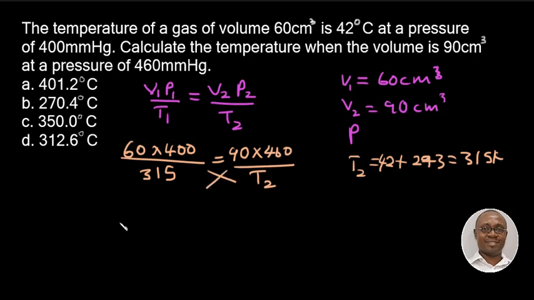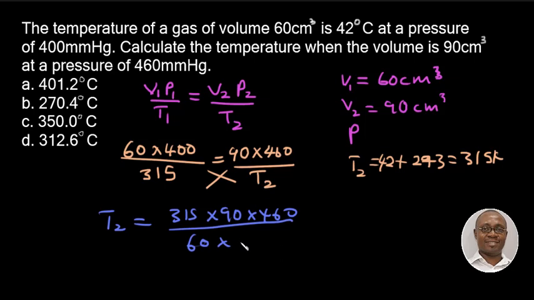So now we have T2 equals 315 times 90 times 460 to be divided by 60 times 400. Let us quickly cancel out the zeros. So that is done.